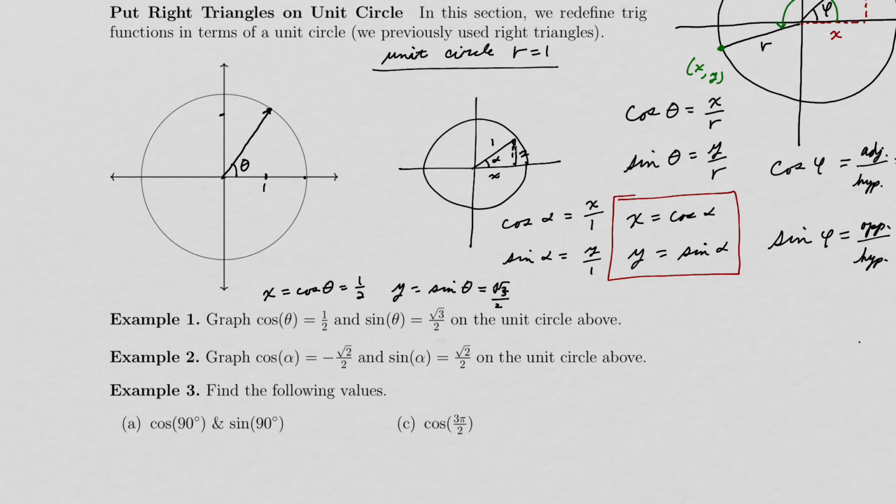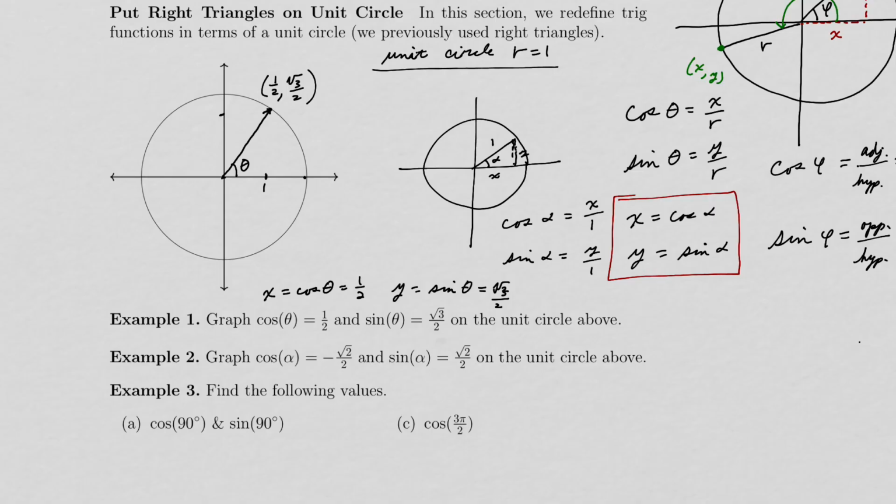So these coordinates are 1/2, radical 3 over 2. Okay, so it's in the first quadrant, because both the x and y are positive.